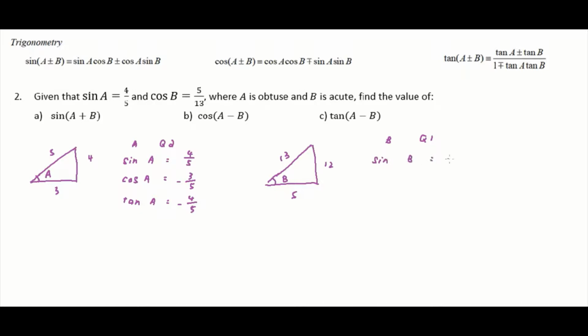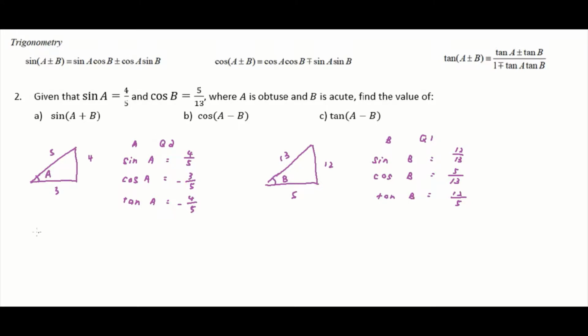So sine B will become O over H, so 12 over 13. Cos B is A over H, so 5 over 13. Then after that, you have tangent, which will give you O over A. Okay, so after you have got everything, now we can continue with our A, B, C.